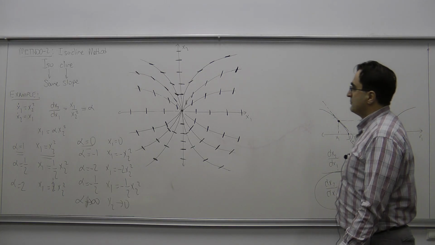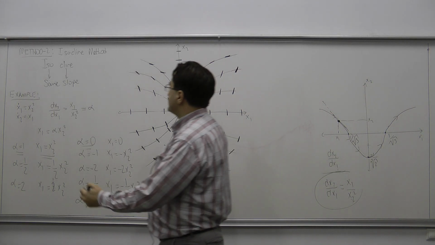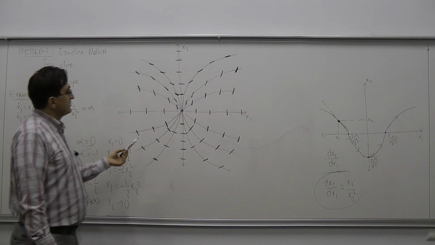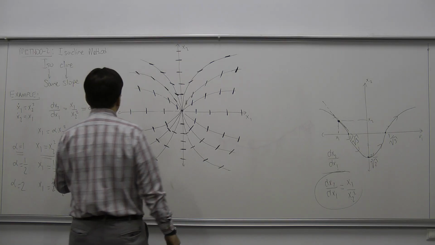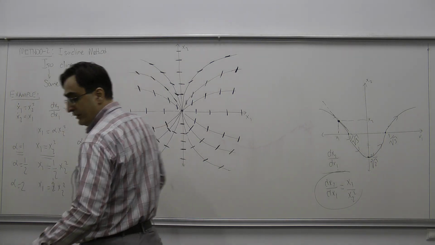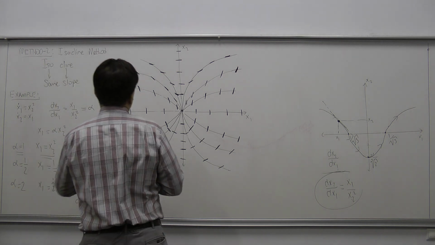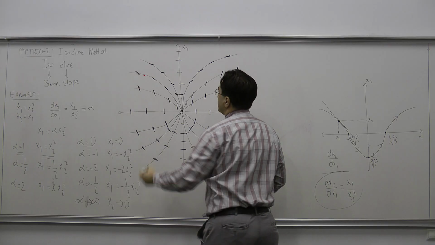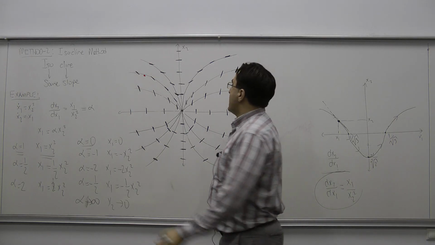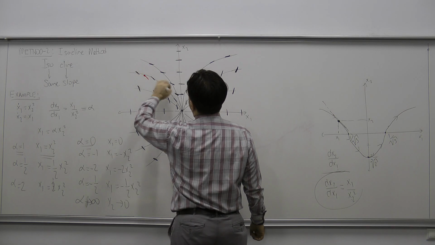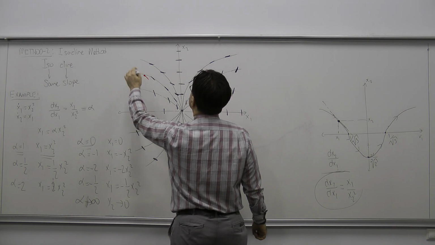Now here, I know the directions of the trajectories, but even without knowing the directions, I can actually try to draw a trajectory on this axis here. Suppose that I start somewhere at this point. Around this parabola, the slope of the trajectories is going to be -1.